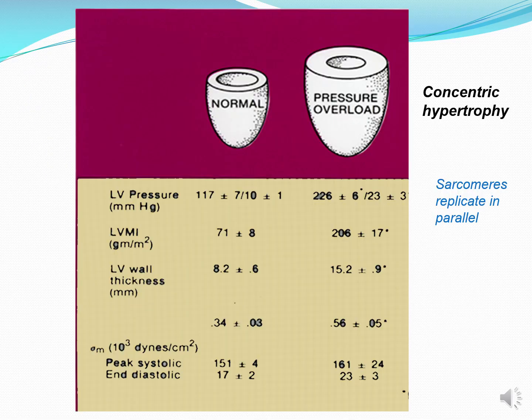These are just numbers to further elaborate on my point. If we look at a normal left ventricle, where the left ventricular pressure is 117 millimeters, and compare it with a patient whose left ventricular systolic pressure is 226, he has hypertrophied, so his left ventricular mass index has gone from 71 to 206. Wall thickness has almost doubled, from 8 millimeters to 15 millimeters.